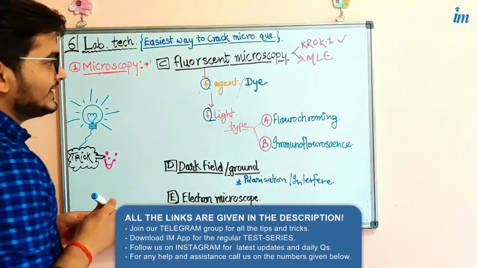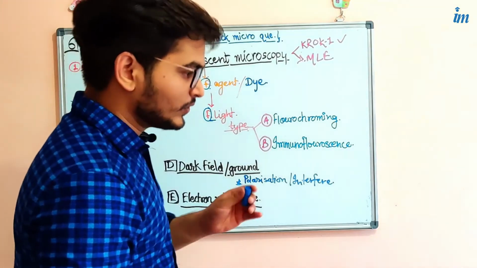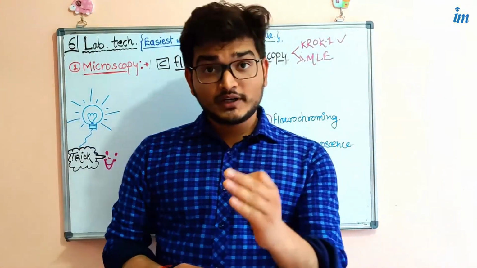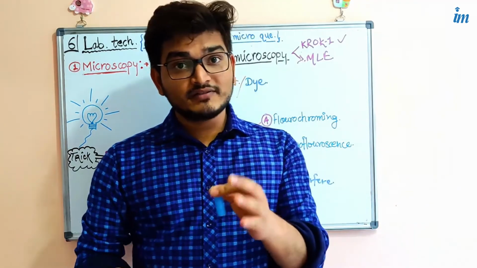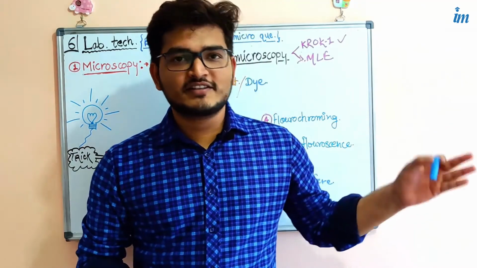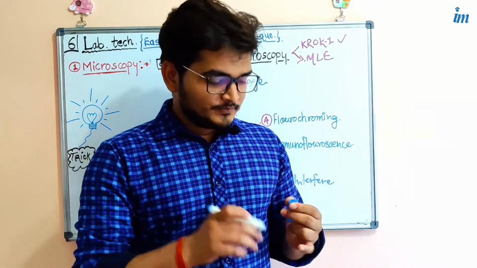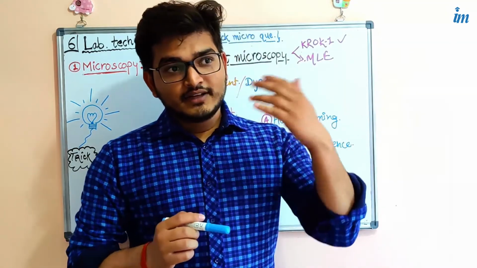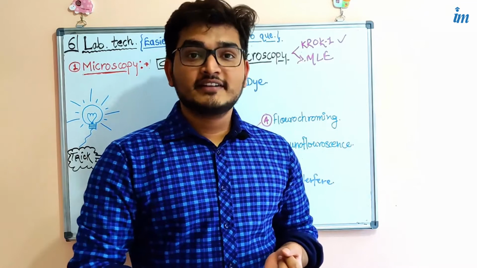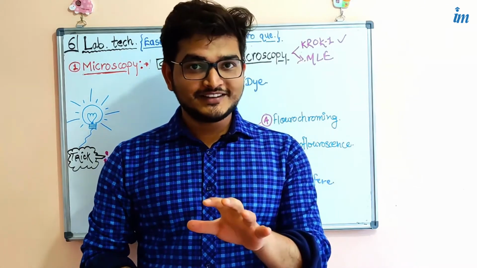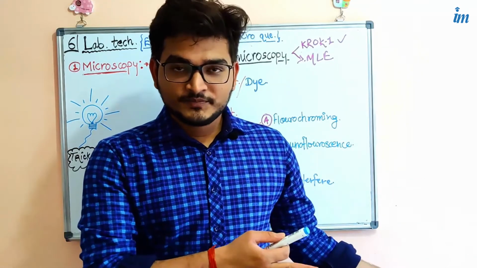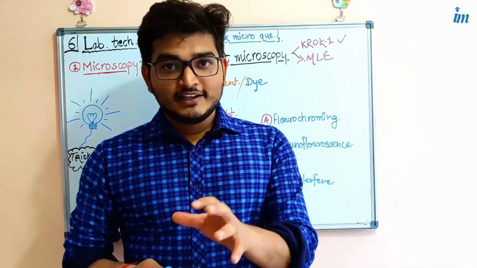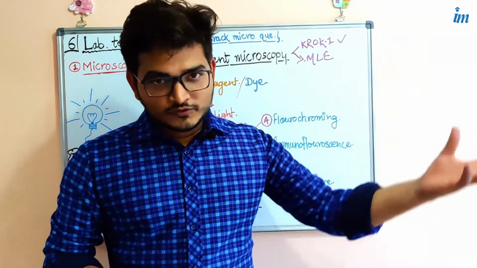In other words, you can understand that fluorescent microscopy is not only important for microbiological concepts. Fluorescent dye nowadays is very useful in the US and Western countries, in X-ray, phase contrast MRI, phase contrast CT scan. So be familiar with them, and I'm already studying this in radiological concepts, so that's why I can tell you that it is also very useful there.